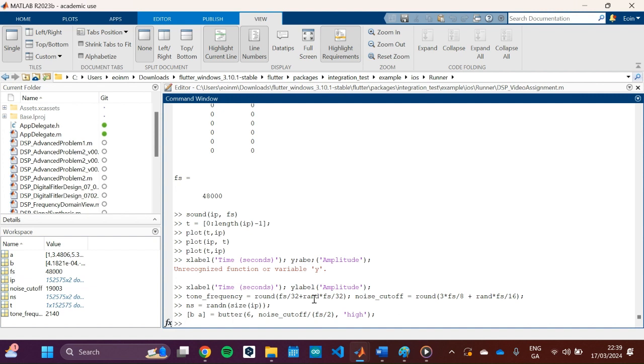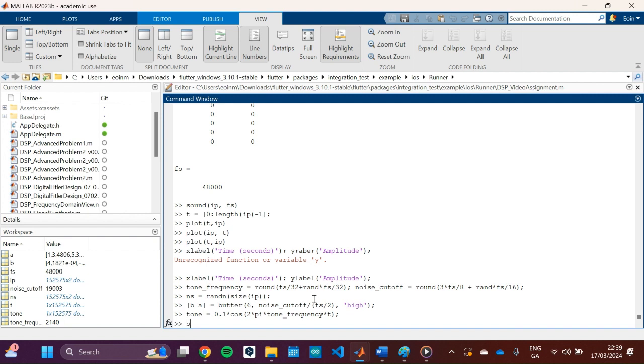Okay, I'll set the tone. I'll give an amplitude of 0.1, make a cosine wave, and the frequency would be 2 pi times the tone frequency, which was already previously set, multiplied by my time variable.